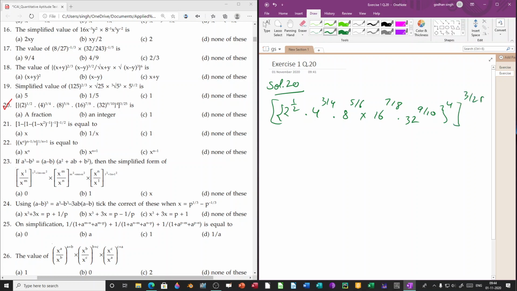So we have to simplify this. First we will be simplifying the bracket which is the most interior one. So equal to, outside bracket will keep as it is.